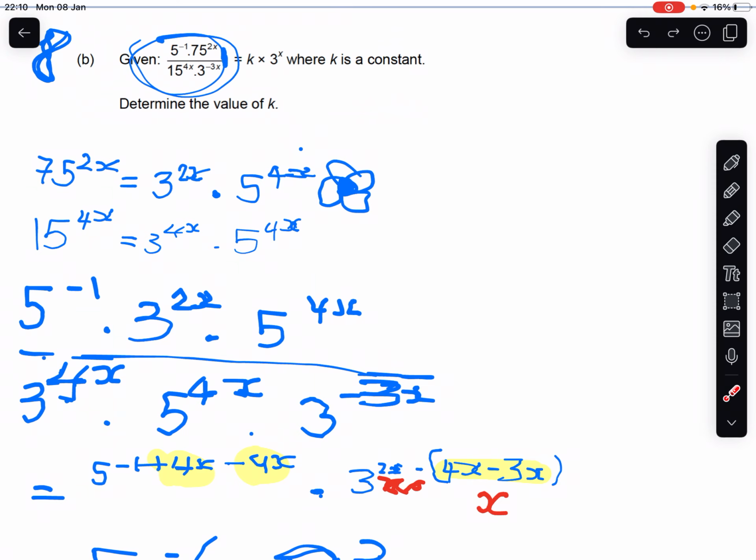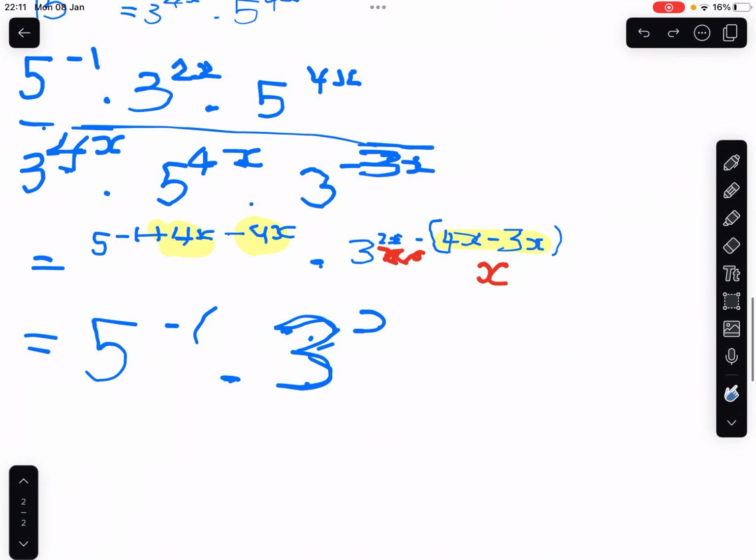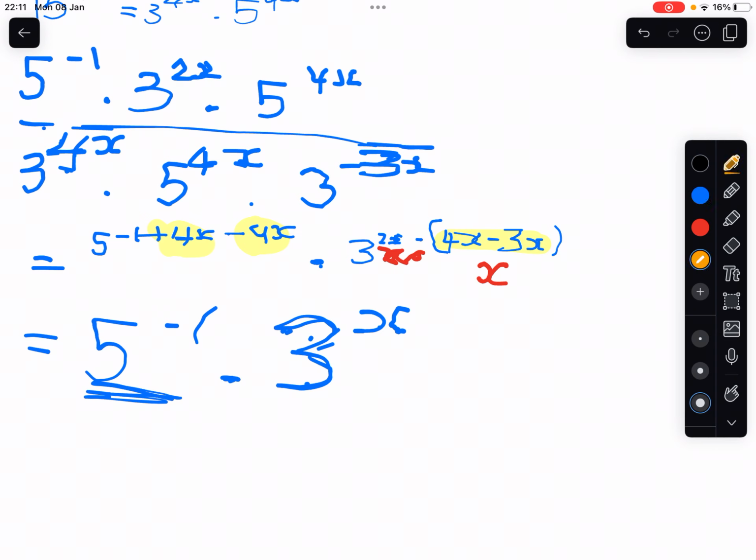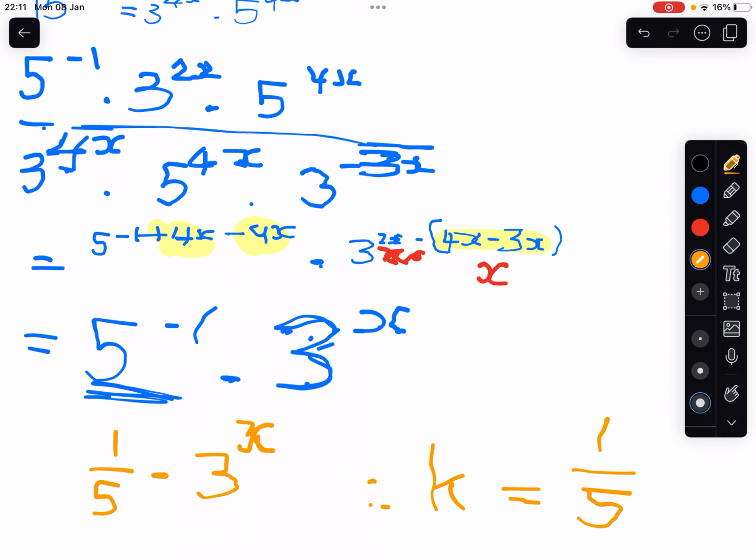We currently have 5 to the minus 1, right, which is just the same as 1 over 5, right, times 3 to the power of x. So this tells us that k is equal to 1 over 5, right?